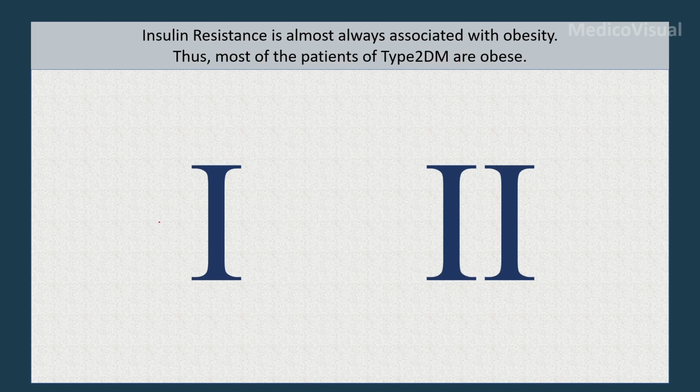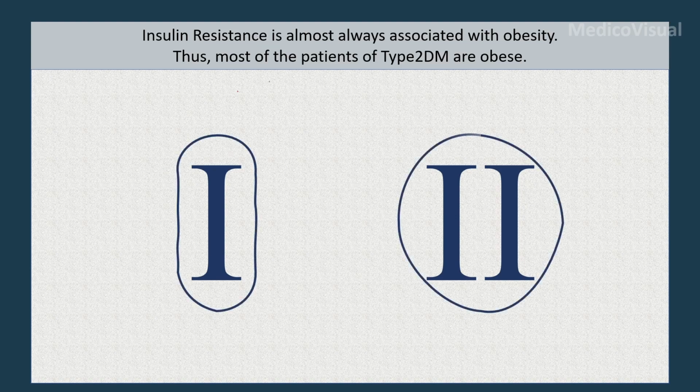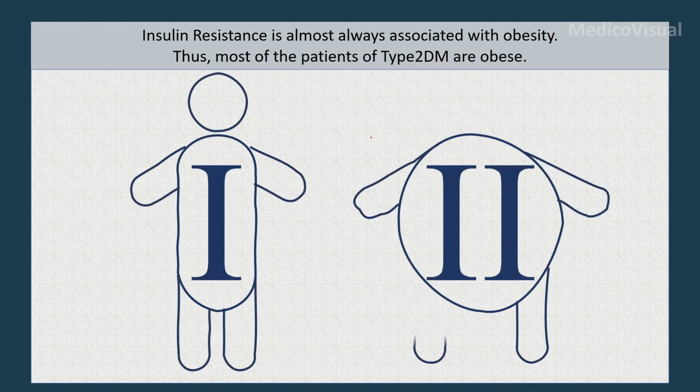Then draw a circle around this one like this, and also draw a circle around this, and then complete the figure. And now you might realize which of these is obese. Of course, the person with type 2 diabetes mellitus. In this way, you can remember that obesity is linked with type 2 diabetes mellitus.